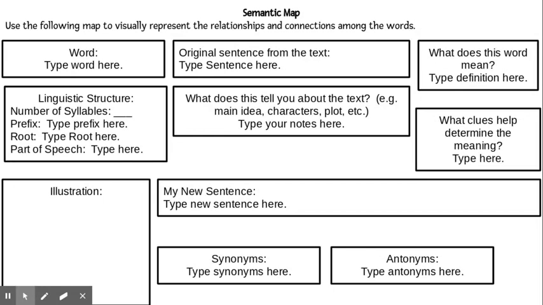Now, I'm going to be looking at the word paradox. So where you see the word and type word here, I'm going to be replacing that with the word paradox. Where do we find the word paradox in context in Hope, Despair, and Memory?